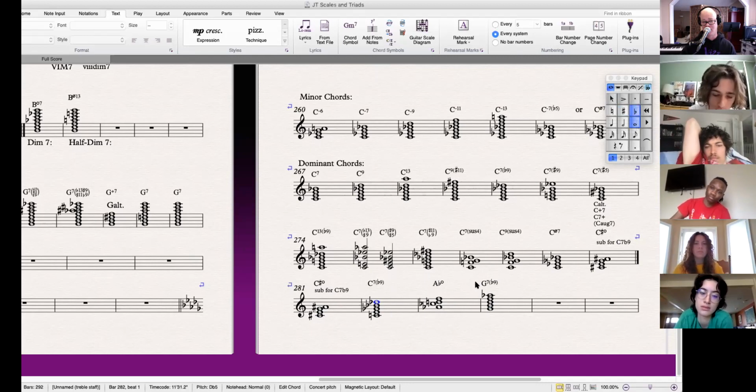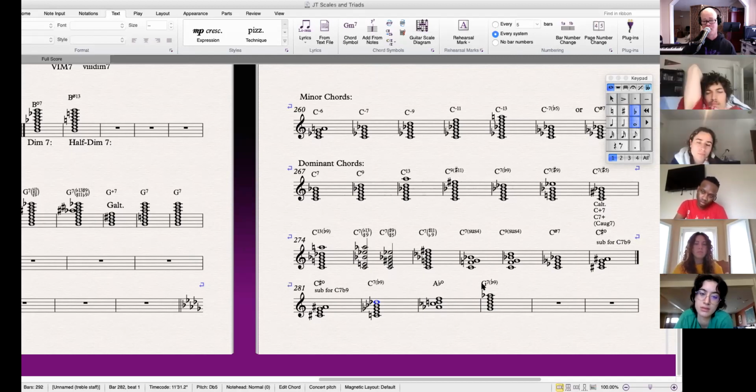Incidentally, what key is this in? G7 flat 9 is not in the key of G. What key is that in? C. Yeah, I heard a lot of that. Because G is the fifth of C. So we're talking about 5 chords up here, dominant chords. A 5 chord is the same thing as a dominant chord.